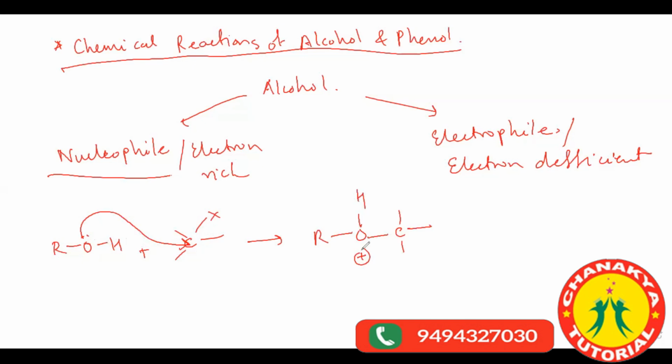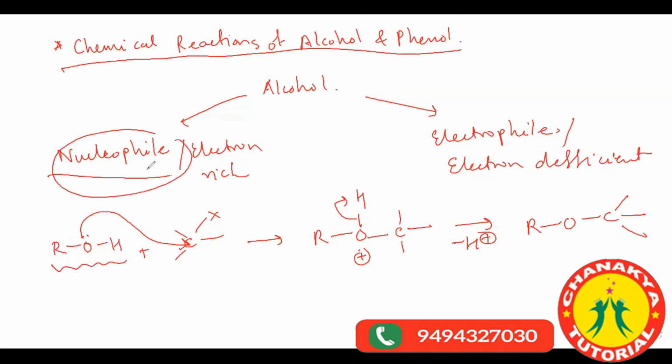And hence, as it is electropositive, it will lose this hydrogen later, and you will get the product in that way, R, O, C, with the substituent present on the carbon. Correct? This will be minus H plus. Clear? So this reaction is the way when your ROH or the alcohol acts as what?